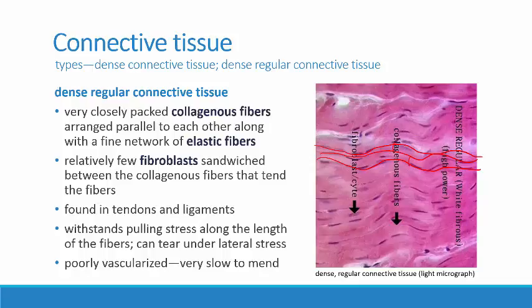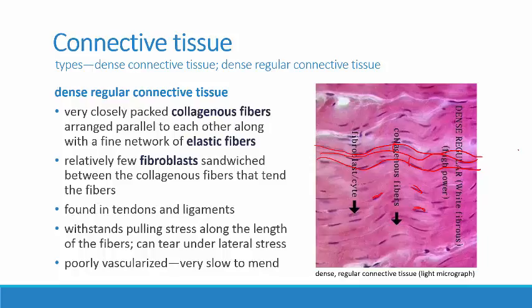And relatively speaking, there are few fibroblasts sandwiched in between the rows of collagenous fibers, and they tend the fibers from that position there in that dense regular connective tissue.